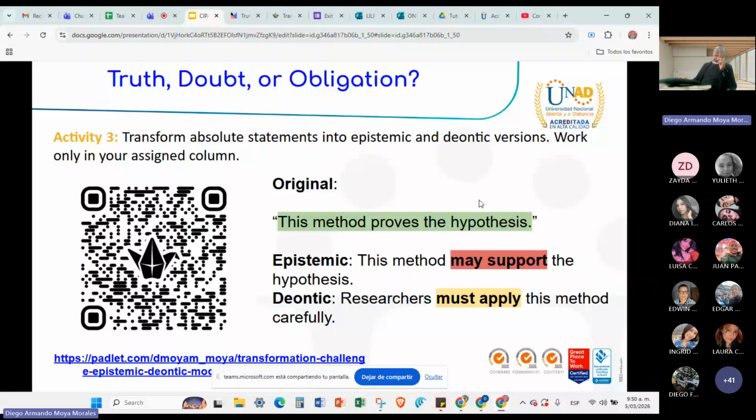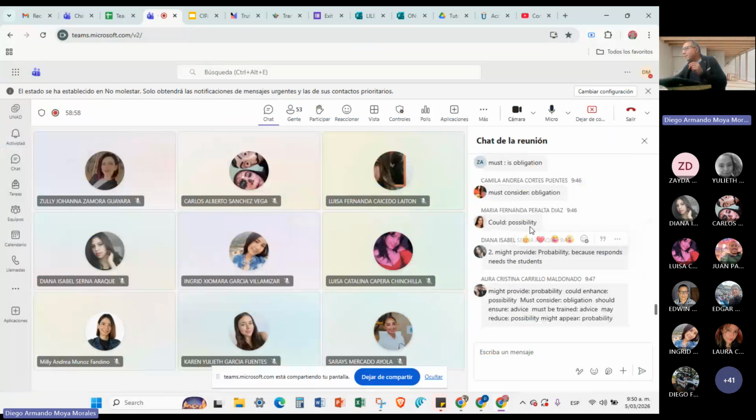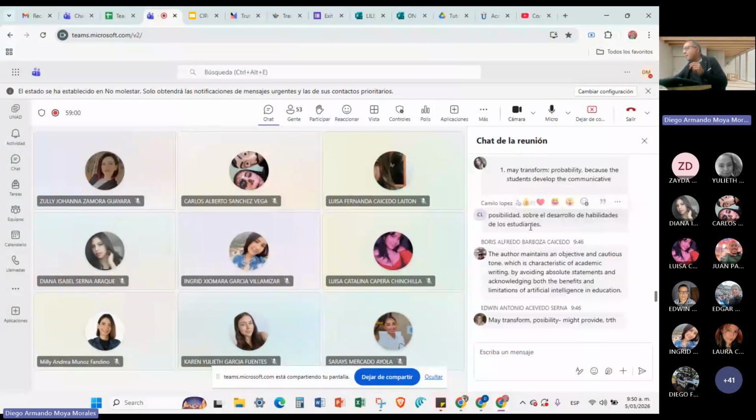Okay, right here in the instruction, I give you an example. The idea is that you can transform the statement. One classmate, I forgot the name of this guy, Boris, mentioned in his participation the absolute statement.